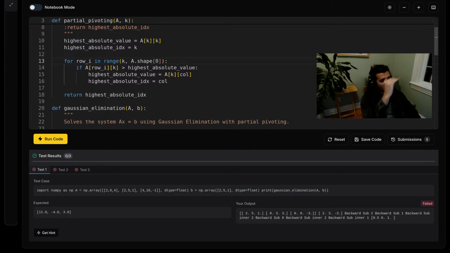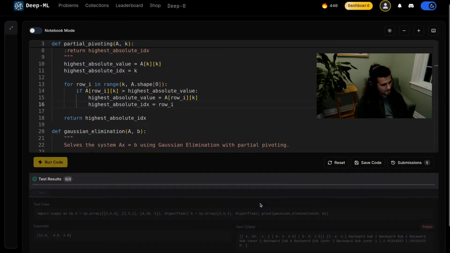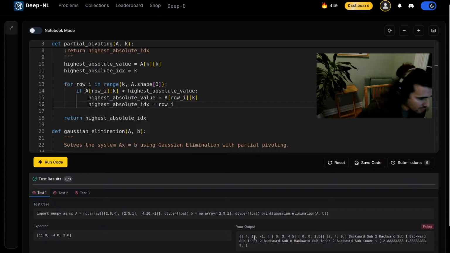I'm trying to move like this, not like that. So my columns stay the same and then my row is moving. And if my row is moving, then this is K, and this is row I. So at least now I should not have 251 at the top. Should have 410 minus 1. Okay, that's good. I got this one there.